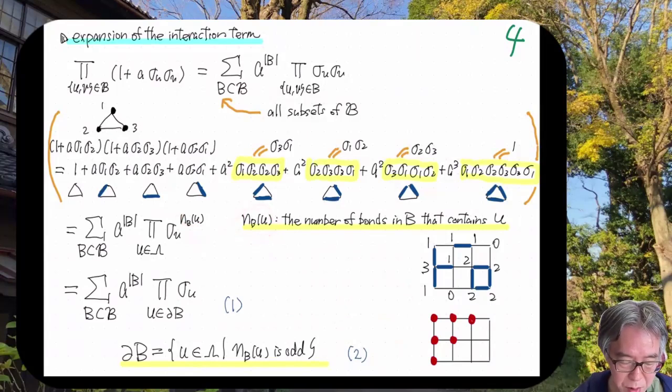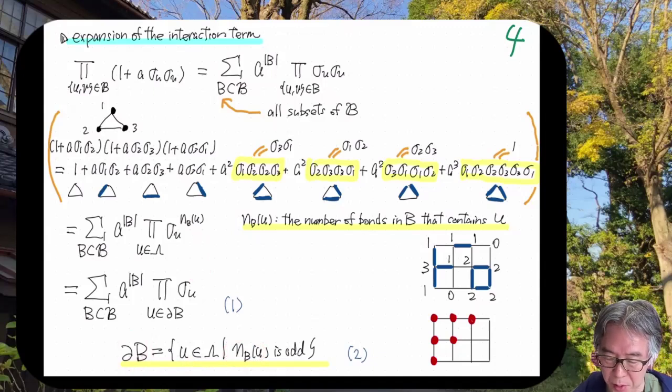So I define this, del B or whatever. This has a connotation that this is the boundary of this set B. Anyway, for this, the boundary of B is defined as the set of sites in which N_B(u) is odd. And then this is written in this way.